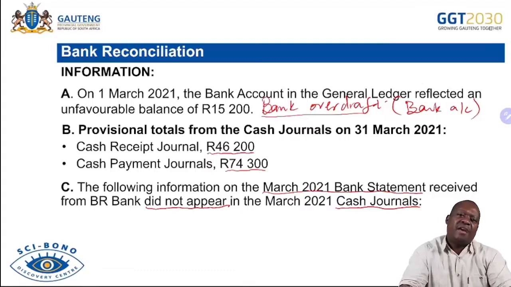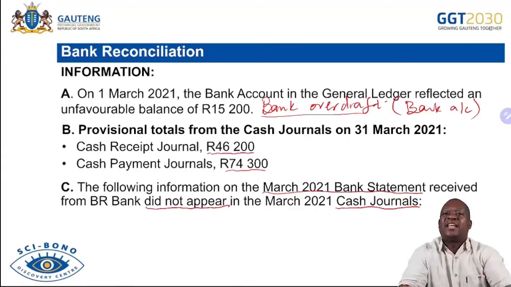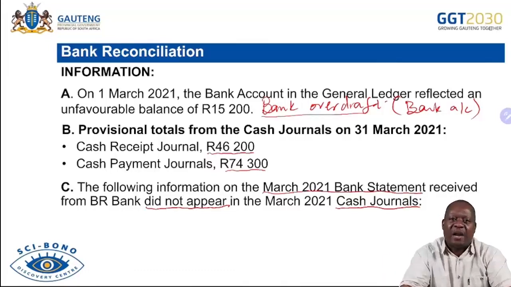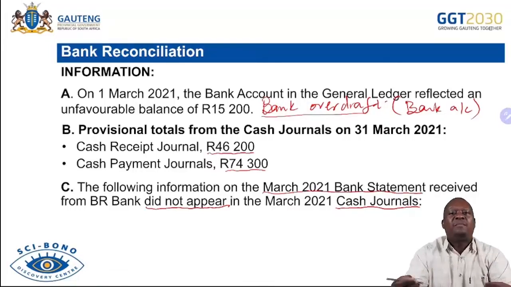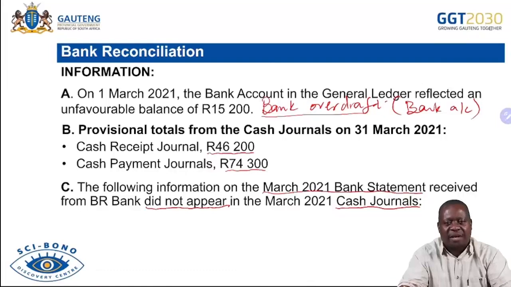Sometimes we might have a figure or two that is found on the bank statement and is not appearing in our cash journals because the bank made a mistake and recorded a figure that they should not have recorded. And if such has happened, it means it is a mistake by the bank, and a mistake by the bank can only be corrected by the bank. So therefore, they will just promise us they are going to correct it.